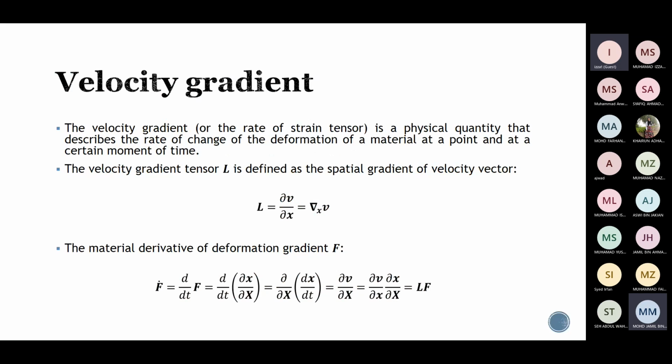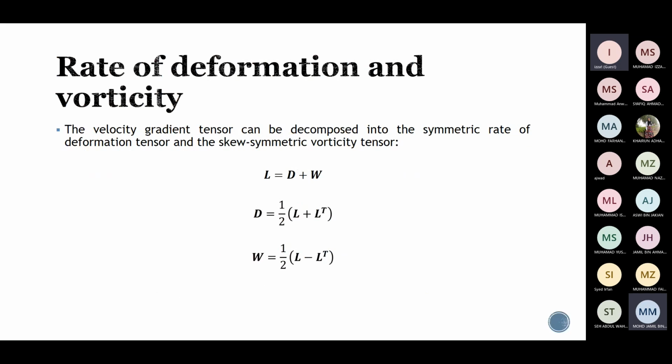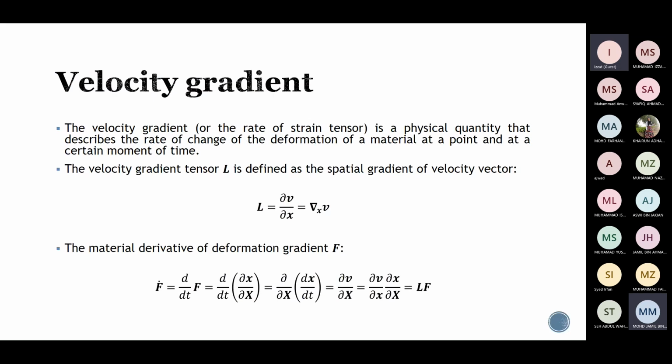Okay. So lastly is, I think this is the last one. Okay. So the last part is the velocity gradient. Okay. Ataupun we call it the rate of strain tensor. Okay, the strain tensor can also be defined in terms of the rate. Okay, kadar perubahan strain. So this is a physical quantity that describes the rate of change of deformation of material at a point at a certain moment of time.